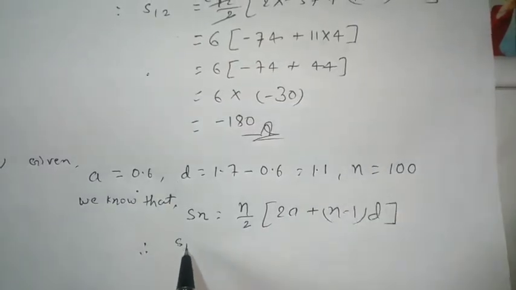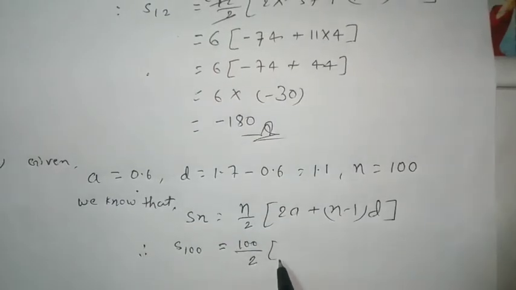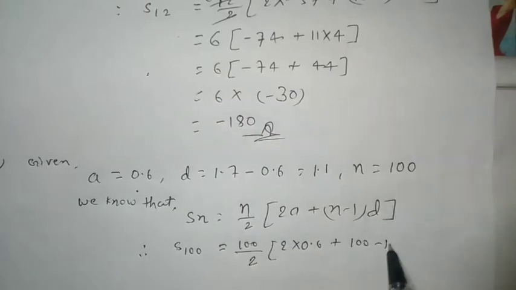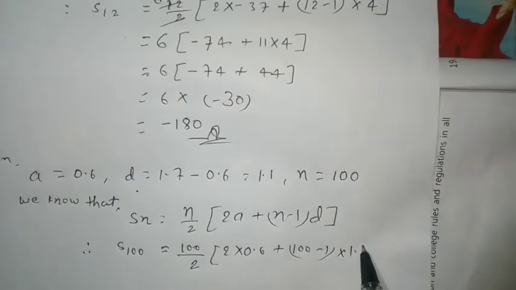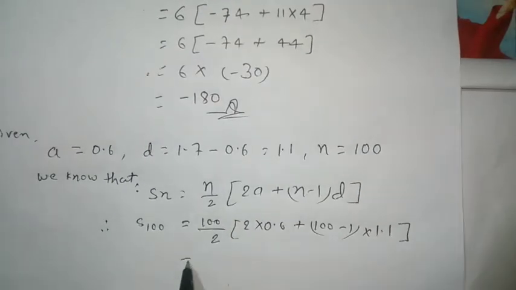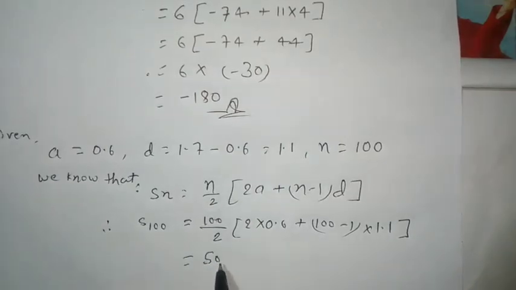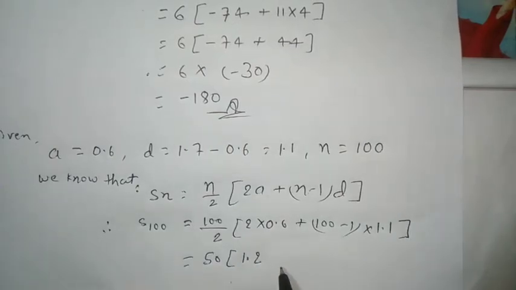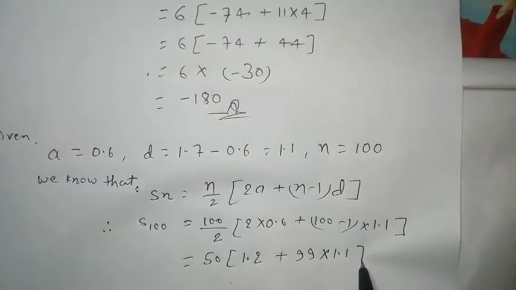Therefore S100 is equal to 100 by 2 into 2 into 0.6 plus 100 minus 1 into 1.1, is equal to 50 into 2 into 0.6, which is 1.2, plus 99 into 1.1.